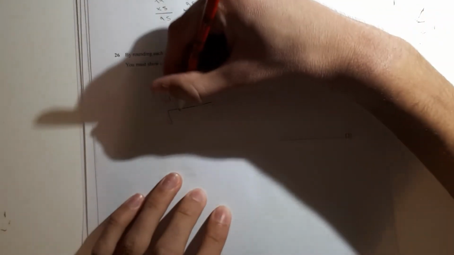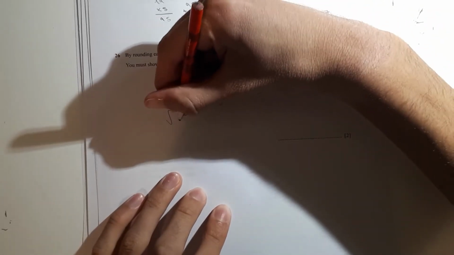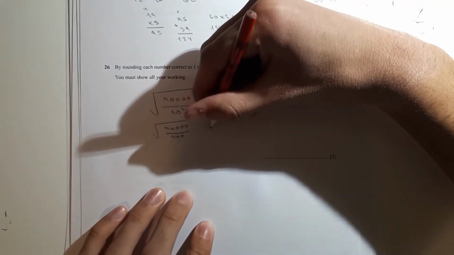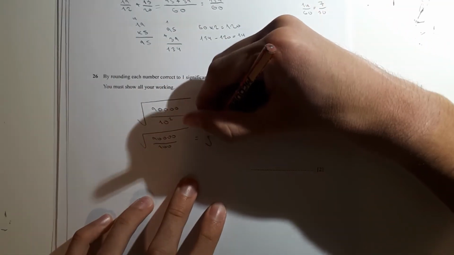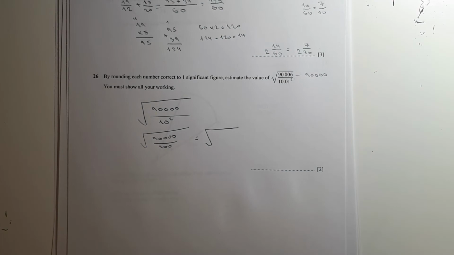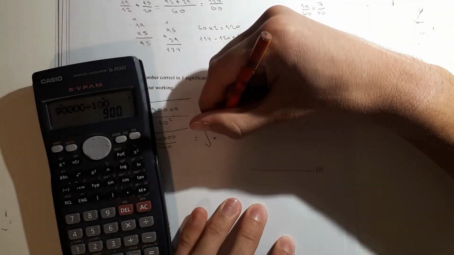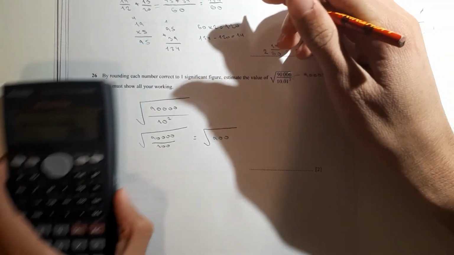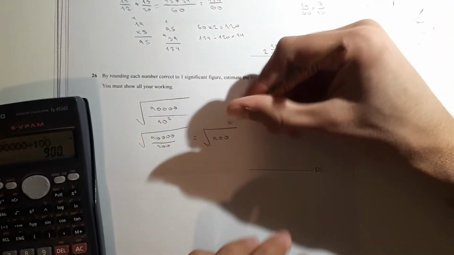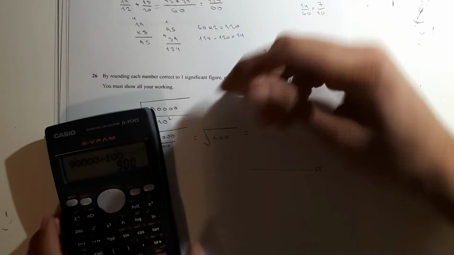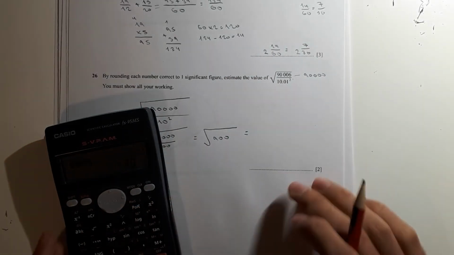This is going to give us 90,000 divided by 100, which gives us 900, and this is equal to 30.